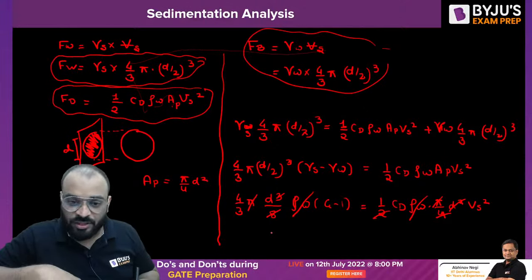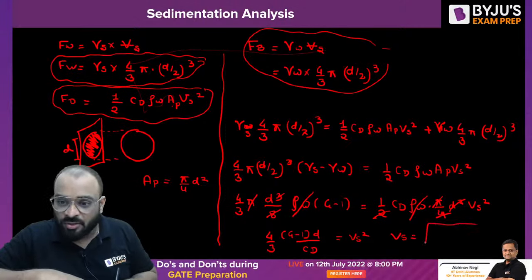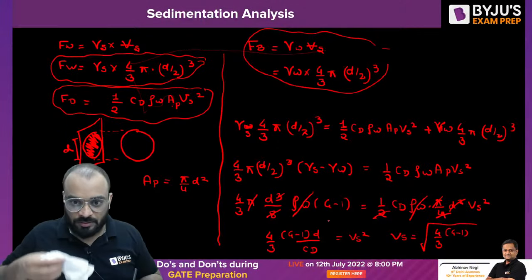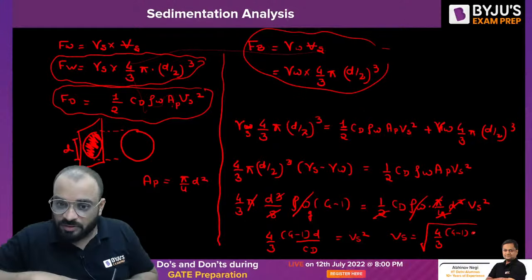Okay. So the equation will become 4 by 3 (G minus 1) into d upon CD is equal to Vs square. So Vs is equal to under root of 4 by 3 (G minus 1) into small g also, into d divided by CD, and this is your final equation, right?